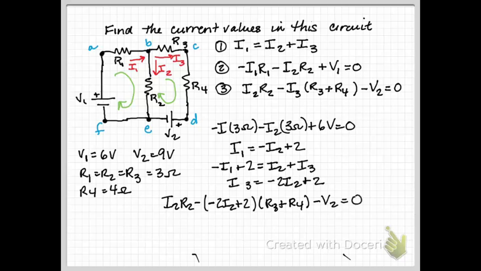We have values we can play with here. So we have I2 times 3 ohms minus negative 2I2 plus 2 times 7 minus 9 volts equals 0.